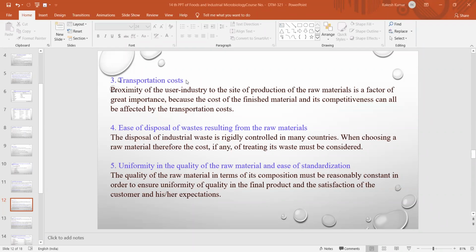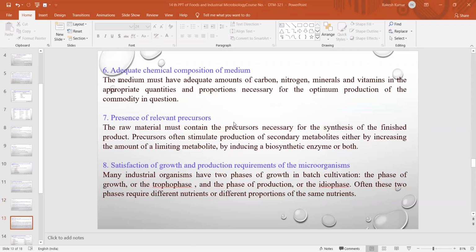Otherwise, you just can't maintain your reputation in your state market or country market. So uniformity is one of the very important points, and you can maintain it just by getting the same type of raw material, so you can maintain uniformity in the final product.